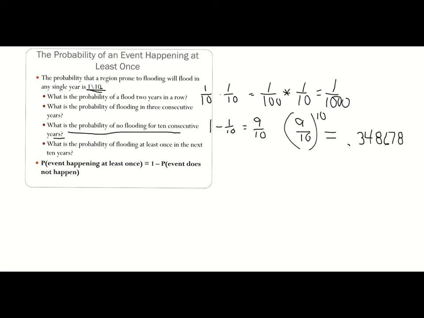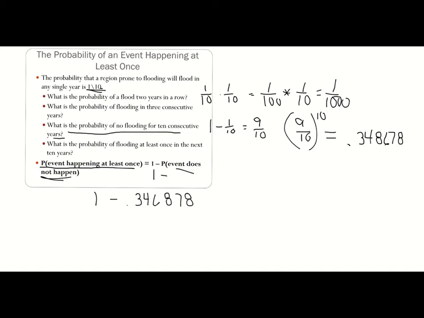Now they want to know the probability of flooding at least once in the next 10 years. If we know the probability that it doesn't happen, we can do the complement. So I'm going to take 1 and subtract the probability that it won't flood for the next 10 years, minus 0.348678.